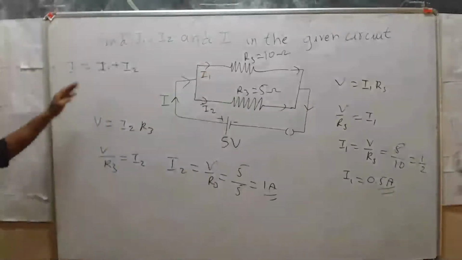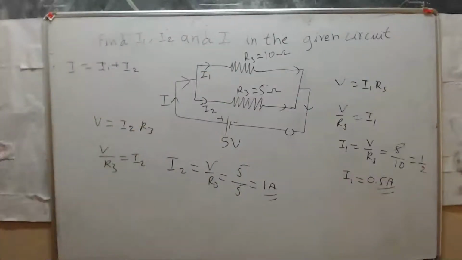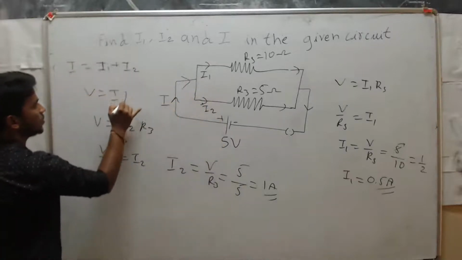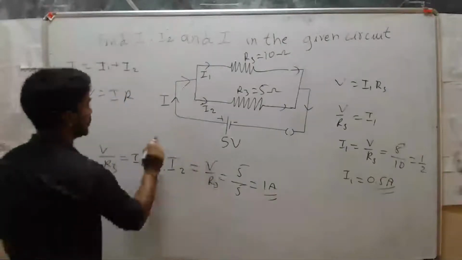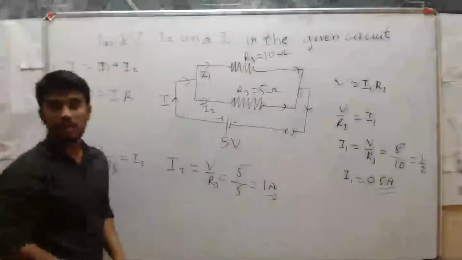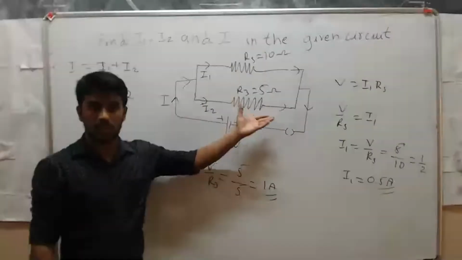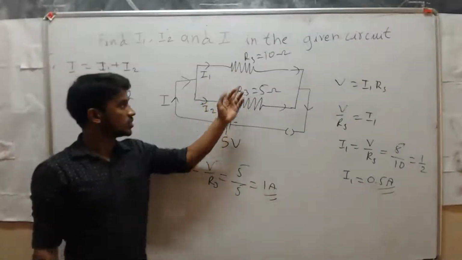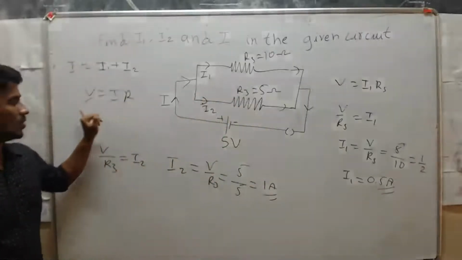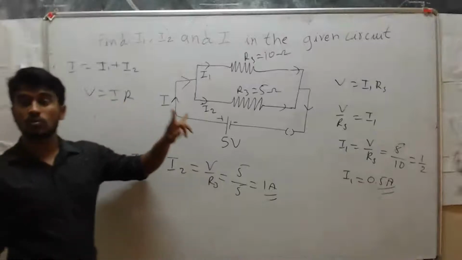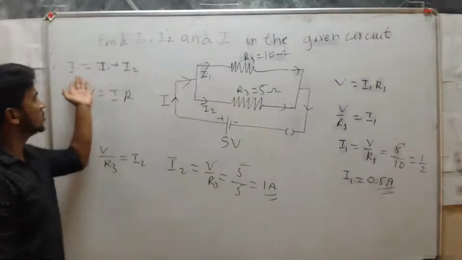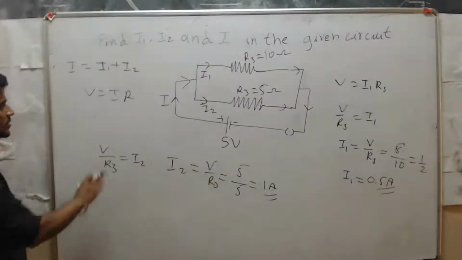Or instead of this, you can use V equal to I into R. Here you know V, that is 5, but you don't know R. If you solve these two, you get the total resistance of the circuit, but that is one more extra step. Instead, just use I equal to I1 plus I2. You will get the same answer.